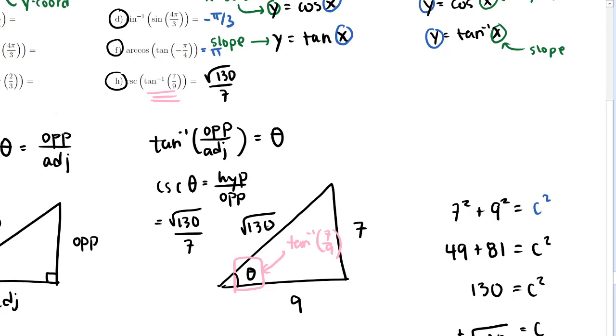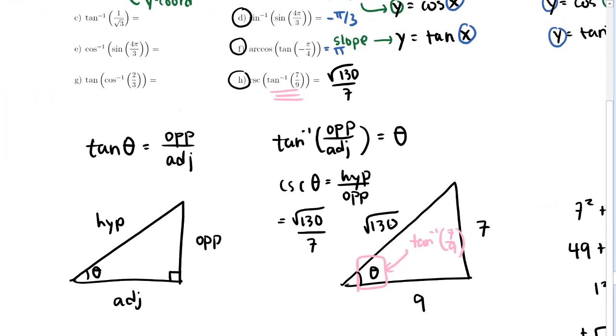All right, so let me recap that. Inverse trigonometric functions can be viewed as computing angles from the ratios of the side lengths of a right triangle. So here, tangent inverse of 7 over 9, we can view as tangent inverse of the opposite over adjacent side lengths of a right triangle, the opposite side being 7, the adjacent side being 9. Tangent inverse is going to give us the angle whose opposite side length is 7 and whose adjacent side length is 9.